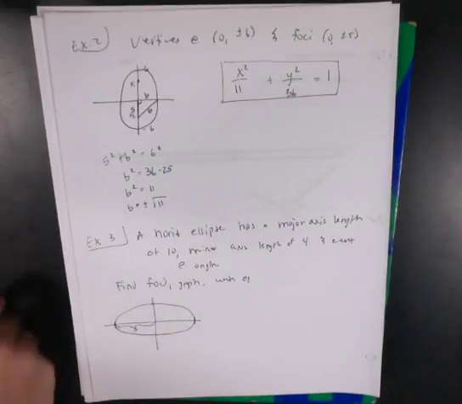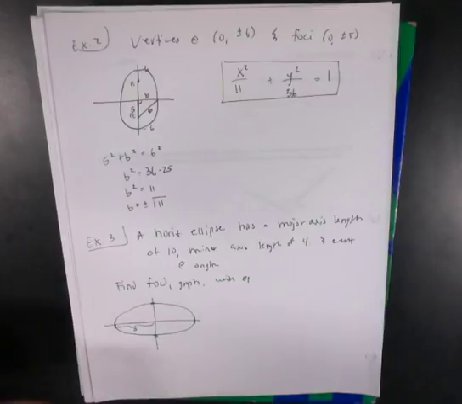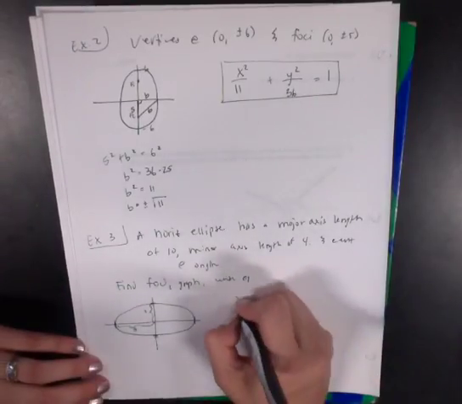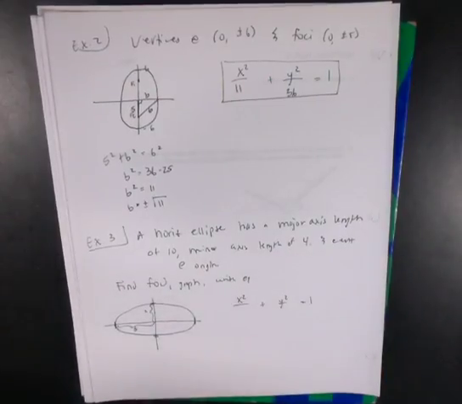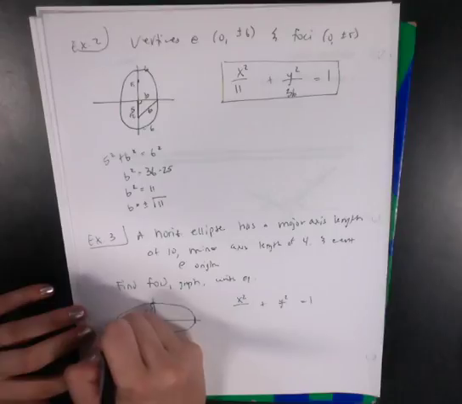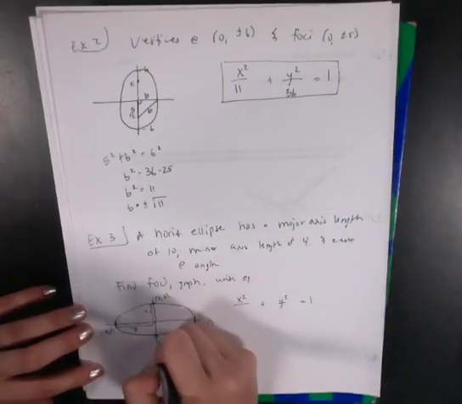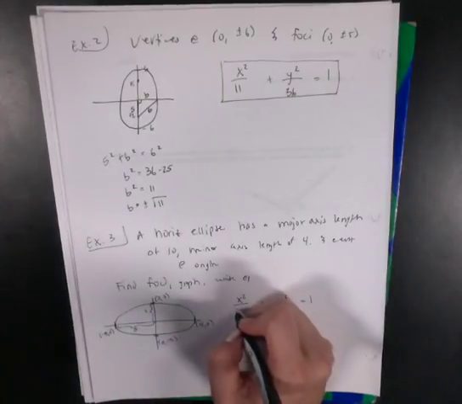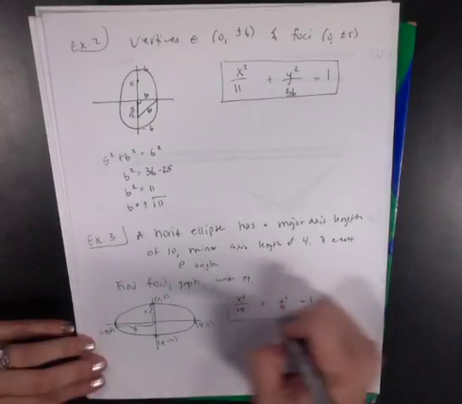My minor axis, from here to here, has a length of 4, which means this length here is 2. So I'll have x squared over something plus y squared over something equals 1. I know this point is negative 5, 0. This is going to be 5, 0. 0, 2, 0, negative 2, which means I'll have x squared over 5 squared, which is 25, and y squared over 2 squared, which is 4.